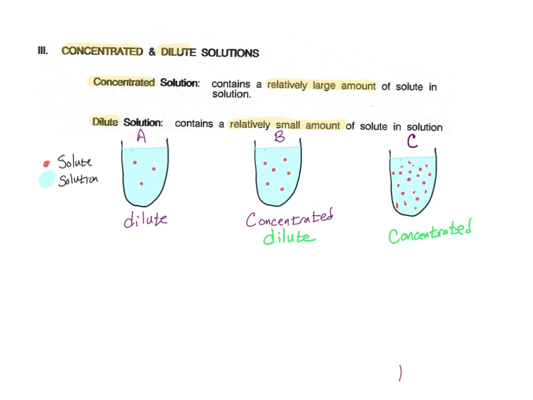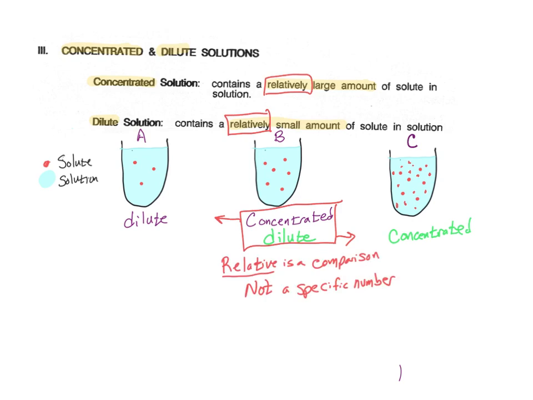This is why it is of particular note that these two terms are both of relative concentration. That means that test tube B can be both concentrated and dilute, depending upon what it's being compared to. That is because relative is a comparative number, not a specific number.